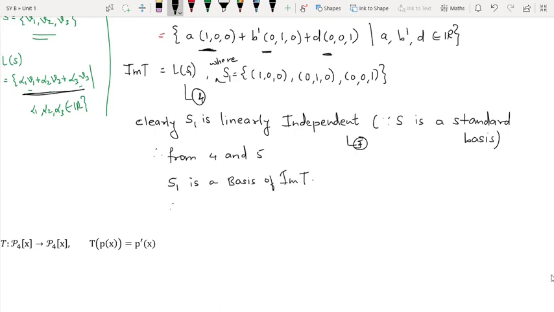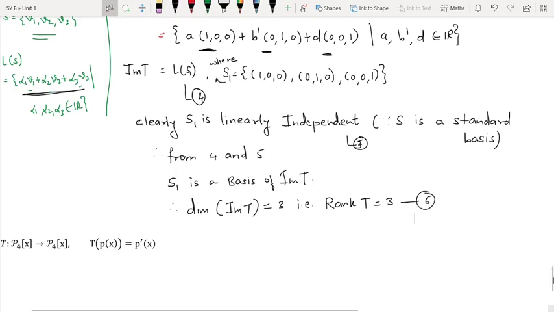Therefore, what is the dimension of the image of T? The dimension of the image of T is 3. That is nothing but the rank of T, which is equal to 3. I will call it 6.